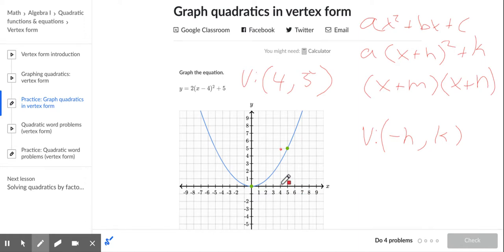Our vertex is here at 4, so I'm going to use 2, 3, 4, 5, and 6 as the x values. 4 I already know.